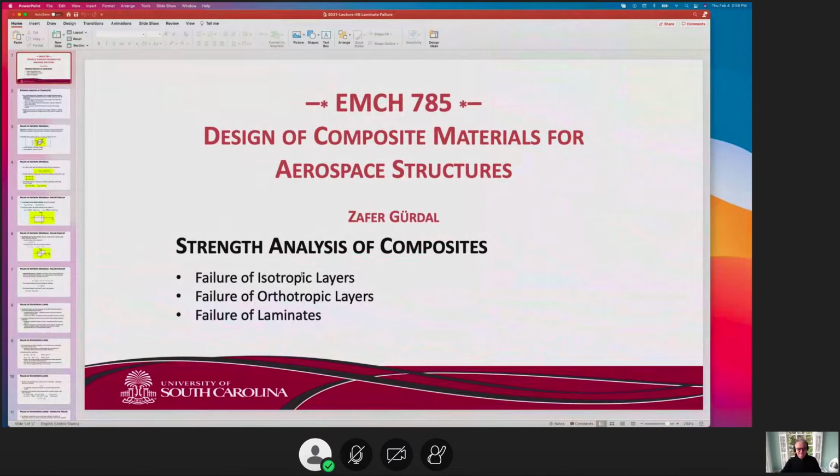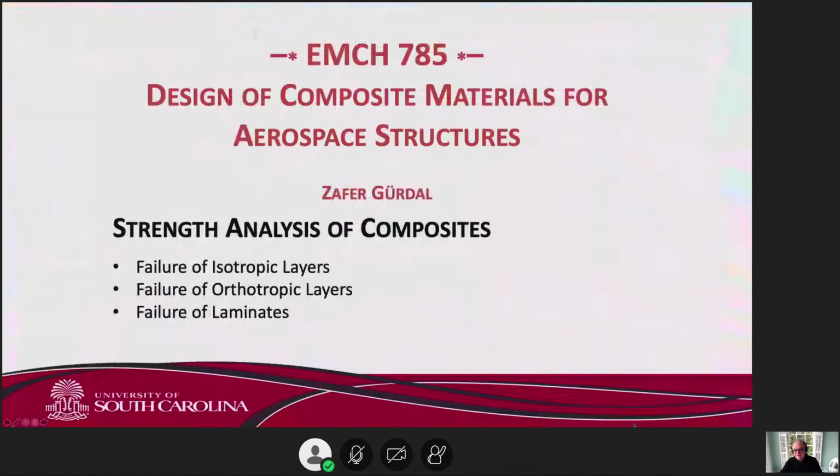Under this, we're going to very quickly look at failure of isotropic layers, orthotropic layers, and then very quickly laminates. This is incidentally the topic, the least favorite topic of mine. I literally hate the topic of strength.